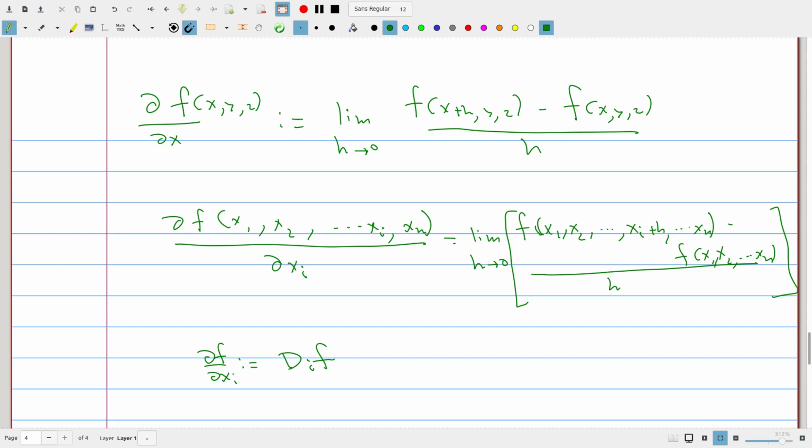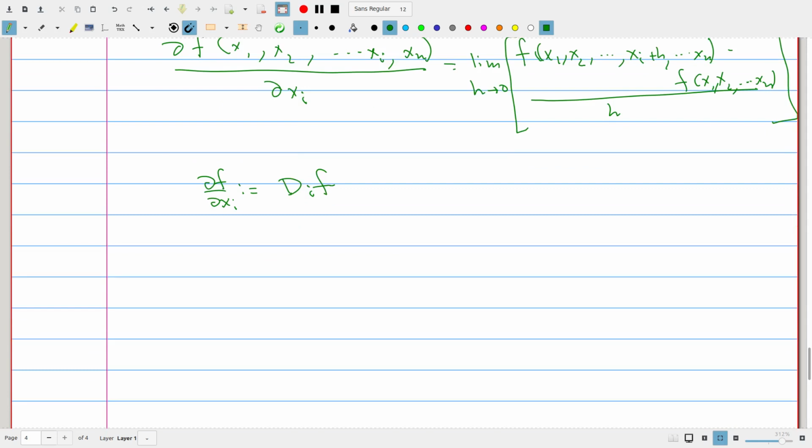So for example, you could have fxx, fxy. Let's start with fxx. This is basically equal to d square f over dx square. Are you familiar with this? Partial square f over partial x square.